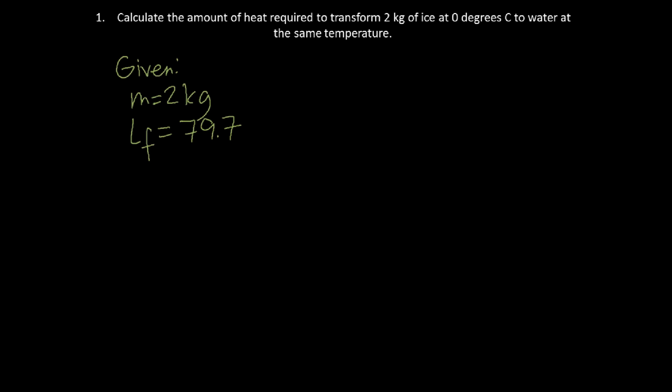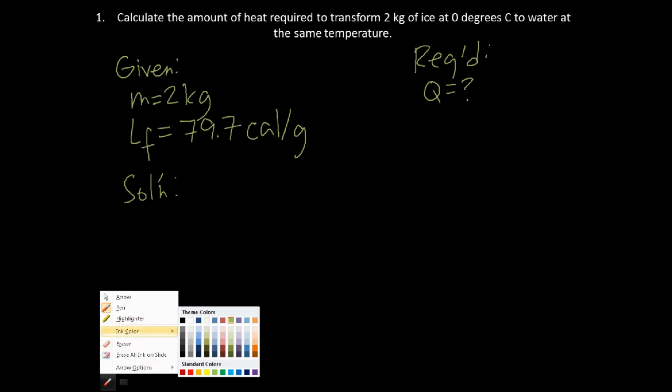It's 79.7 calories per gram. What is required of us? We are required to calculate the heat, that is Q. The solution for this problem is the following. I'm just going to change the color so it will be more attractive.